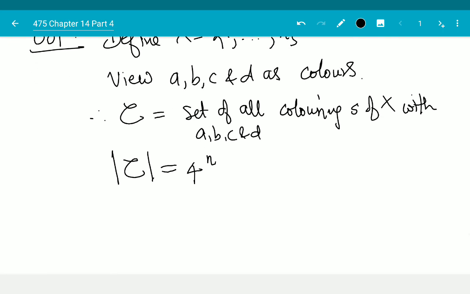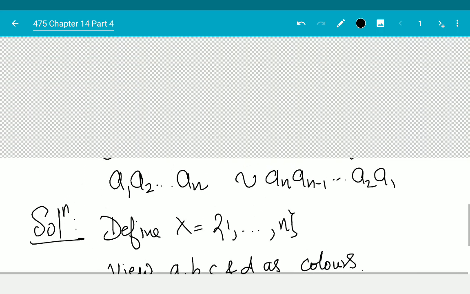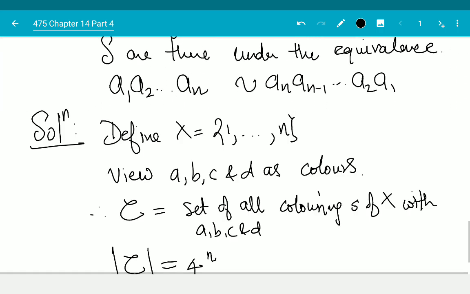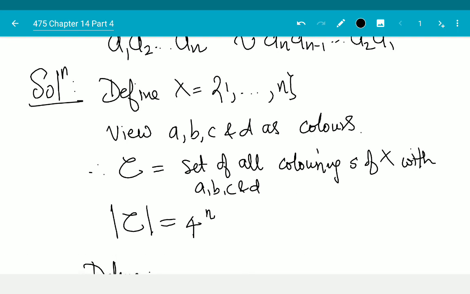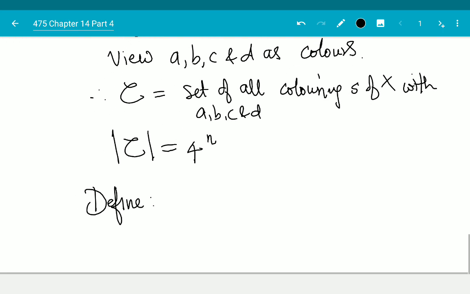Now, what is my G? Well, what is the only equivalence I have? It is the mirror equivalence, right? I am reflecting it around the midline, and that is my only equivalence.